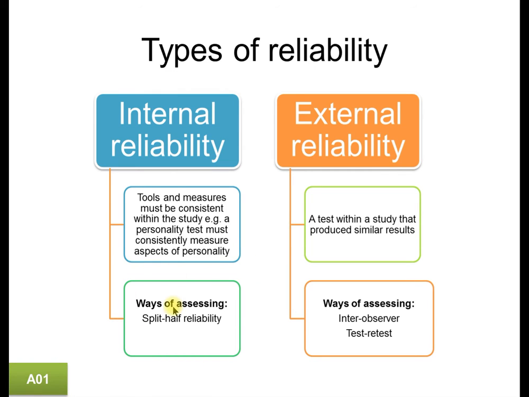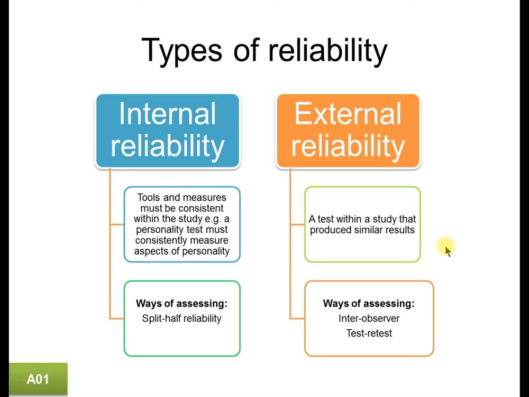We can assess the internal reliability, and we'll look at this in more detail, by splitting questions and comparing them. And if the measures consistently show what we think they show, then that gives our test, our measure, reliability. External reliability, on the other hand, is some sort of test within a study that produces similar results.